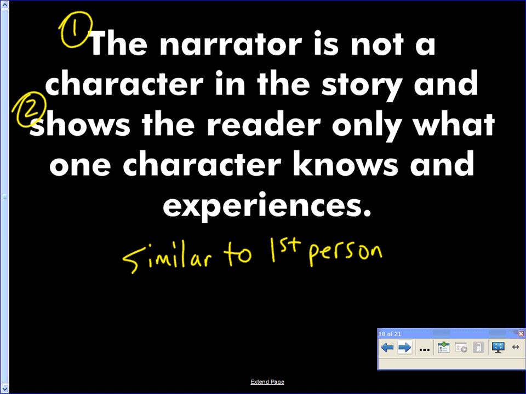Your examples in the literature that you read for this unit are pretty ample because authors tend to like either first person or third limited.